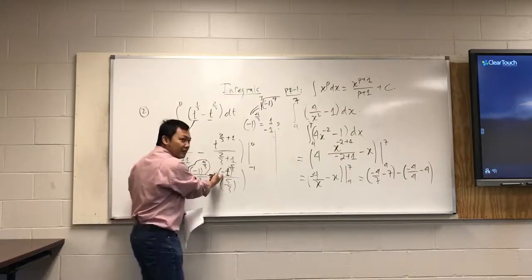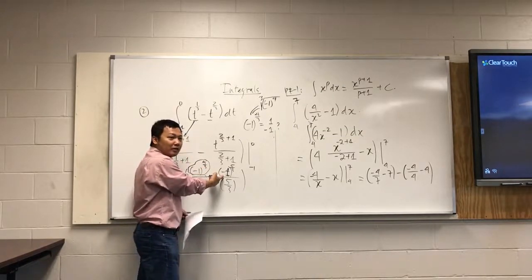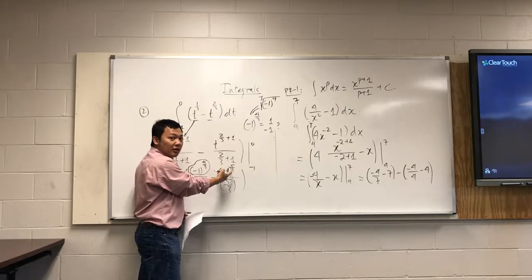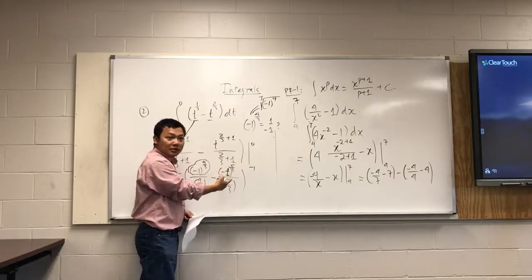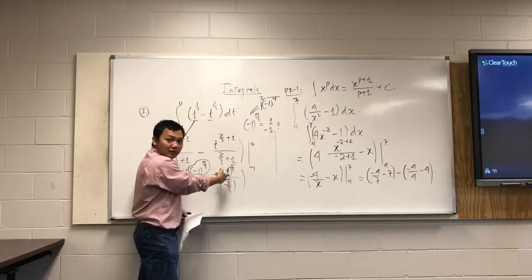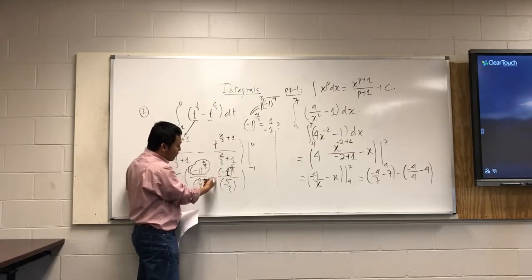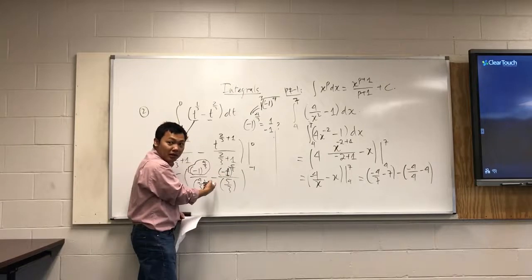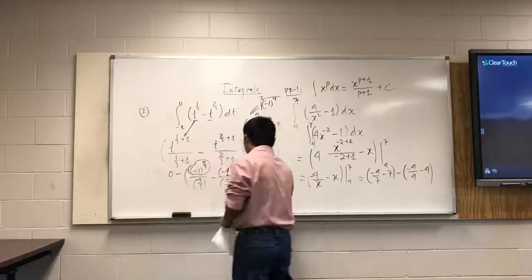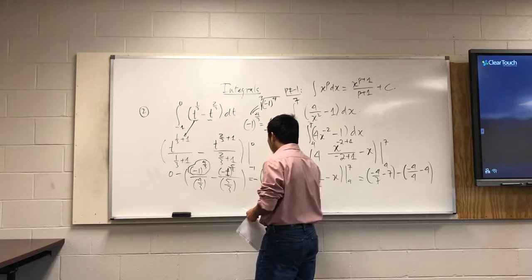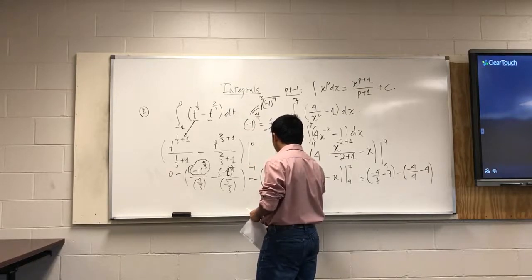But how about this term? Is it 1 or negative 1? Here we have 5 over 3. All numbers are odd, right? So this is negative 1. So you have 1 over this, minus negative 1 means plus. So the answer is negative 3 over 4 plus 3 over 5.